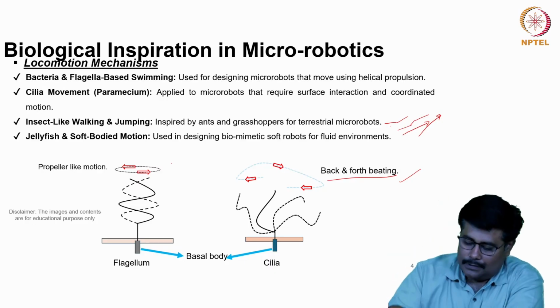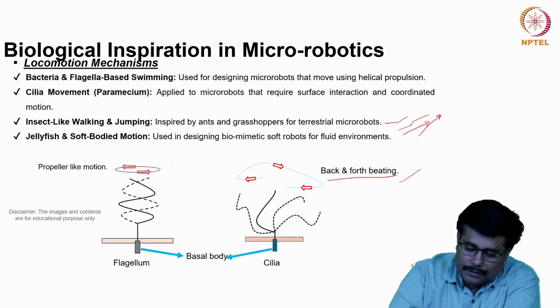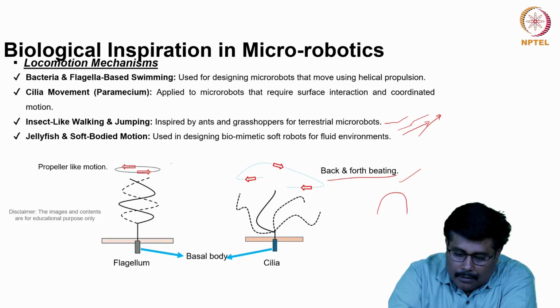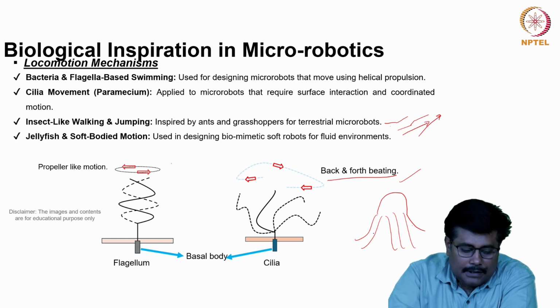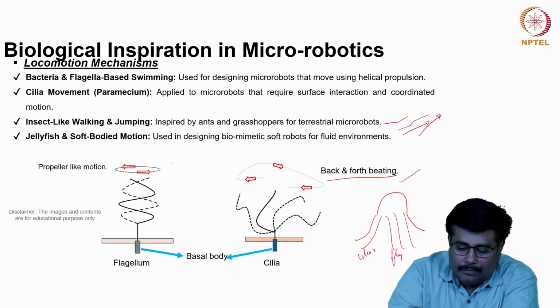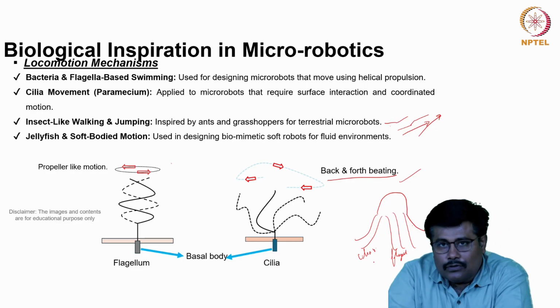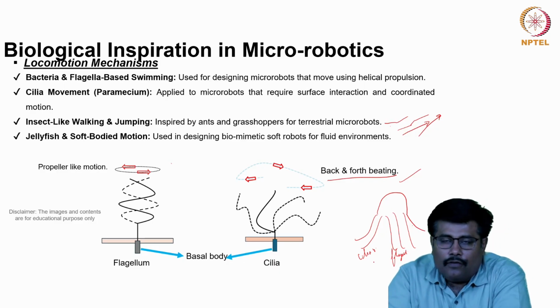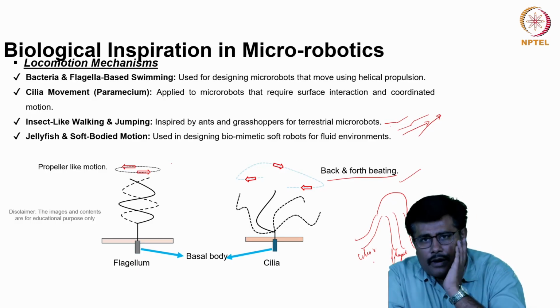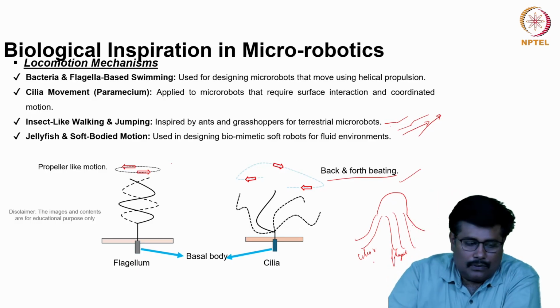If you closely observe a jellyfish, or even an octopus, there will be a structure like this, and there will be a tentacle behavior. This tentacle behavior will either create a cilia-based motion, or it may also create a flagellum-based motion. A flagellum-based motion can be deployed for a rotary movement, or a cilia-based motion can be deployed for a forward stroke, which is exhibited over here.